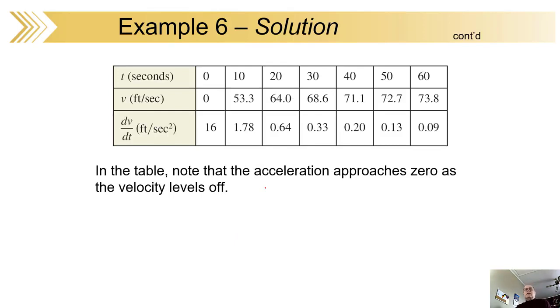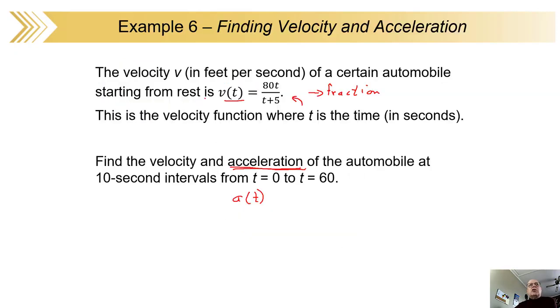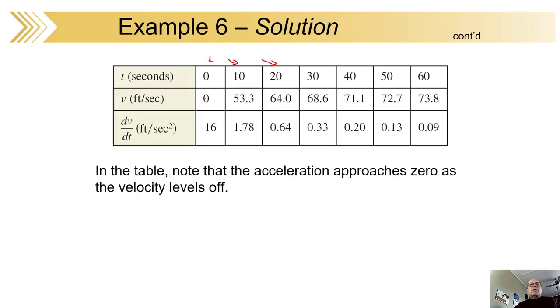You can look at a table with those, and you can see what's happening. These are the times up on top, in intervals of 10 seconds. So for the velocity, all we'd have to do is go back to the velocity function, put the 0 in, the 10 in, the 20 in, the 30 in, and so on.